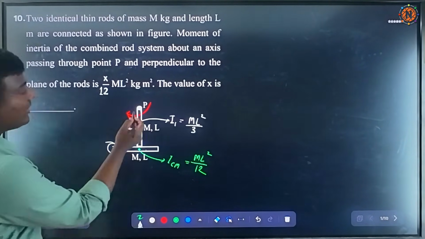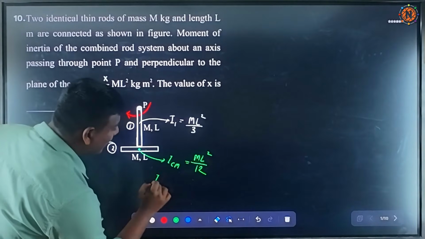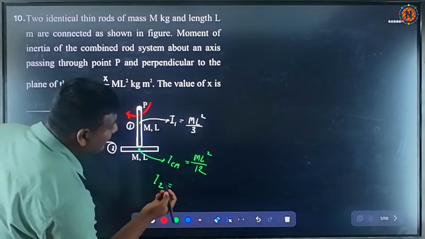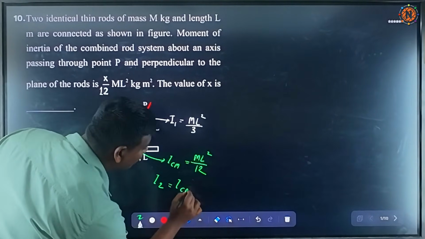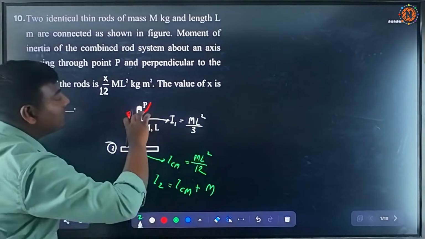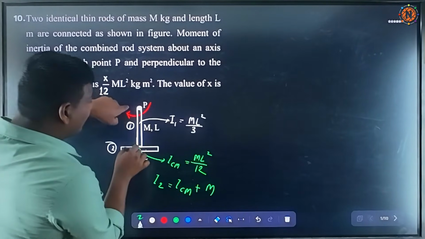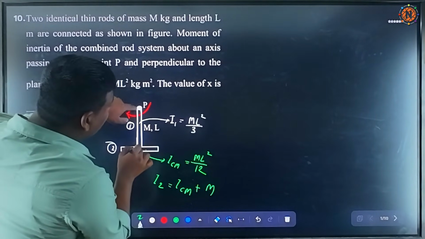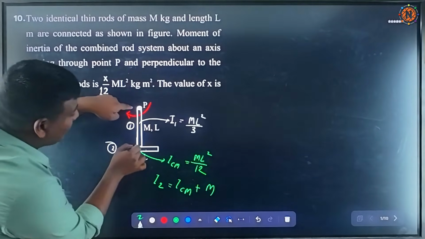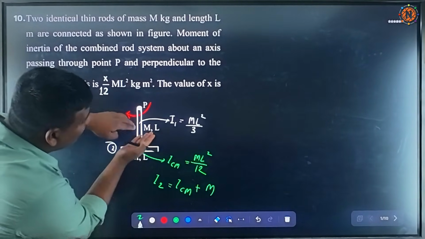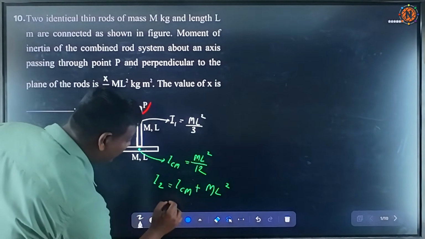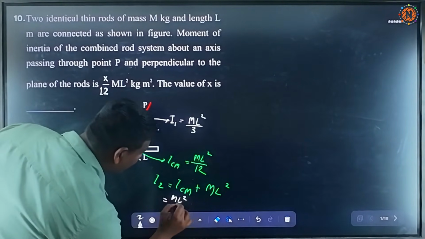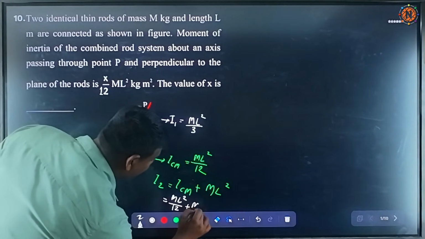So I2 for this rod 2 will be I center of mass plus m into the distance between these two parallel axes. Sorry, we can use the parallel axis theorem. So the distance between them will be total L, so m L square. So I2 will be m L square by 12 plus m L square.